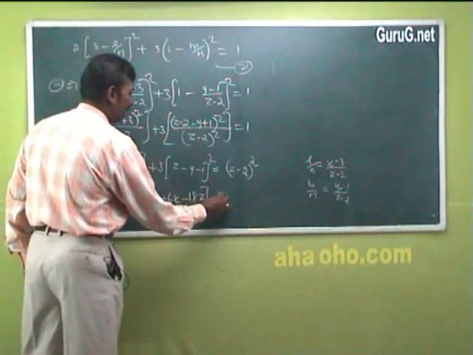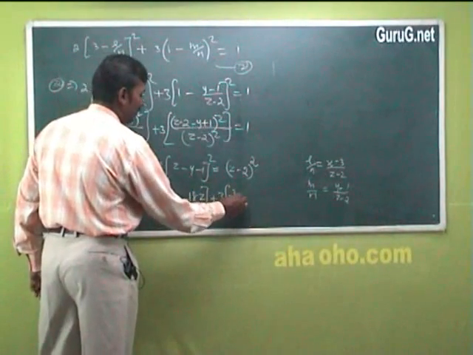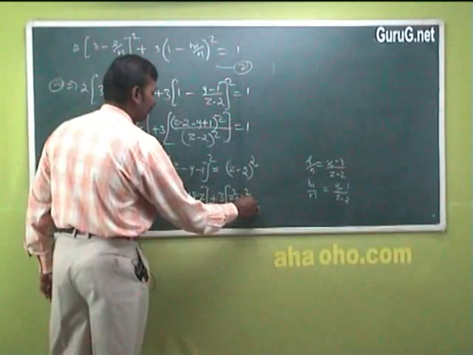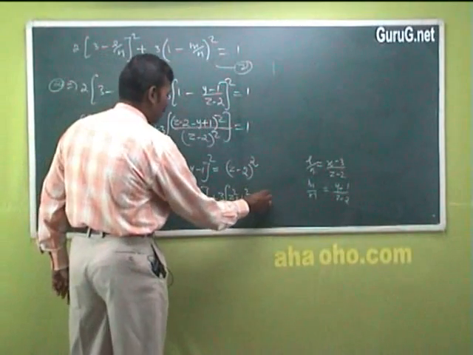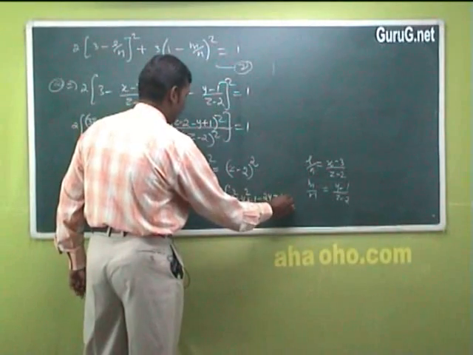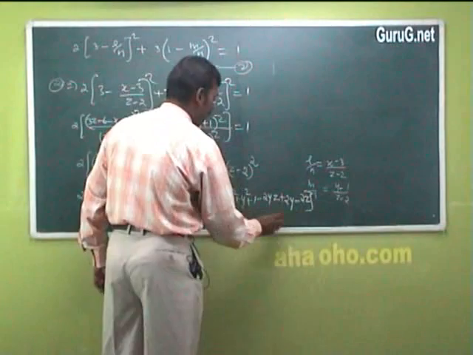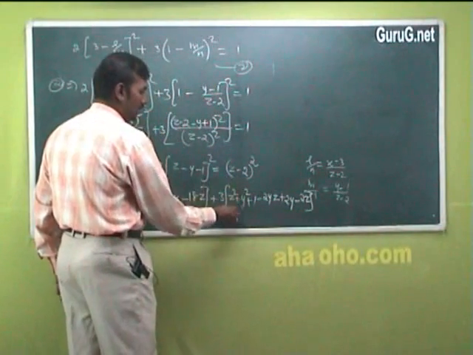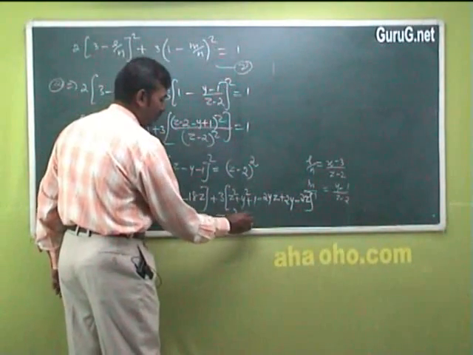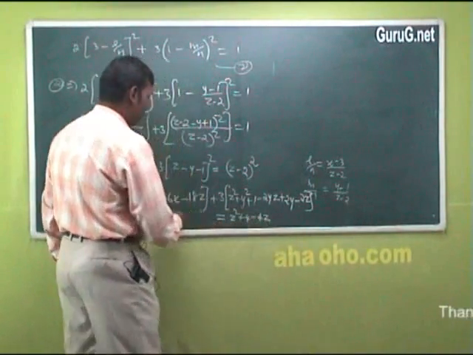Plus 3 into, with expand, minus z square plus y square plus 1, then minus 2yz, then plus 2y, then minus 2z equals z square plus 4 minus 4z, right? Simplify it.